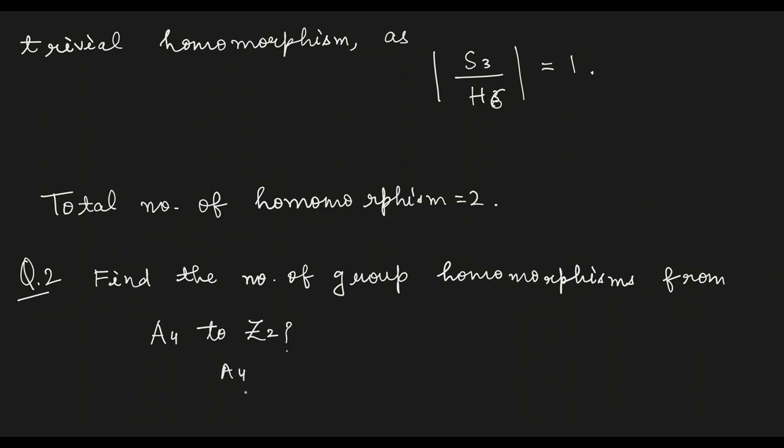So this simply means A4 upon kernel phi is isomorphic to image phi, and image phi is a subgroup of Z2.